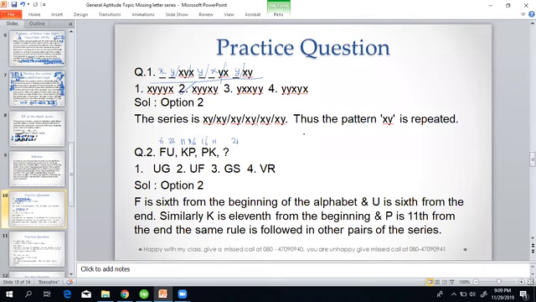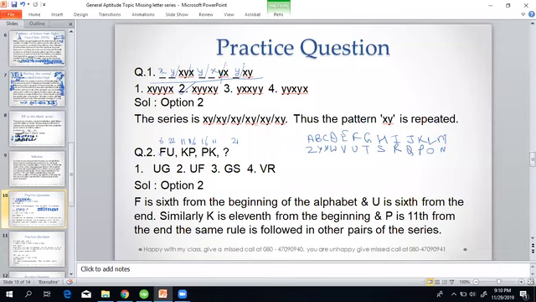For this type of question, see first the same positions.